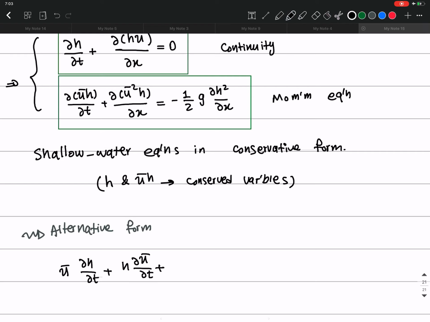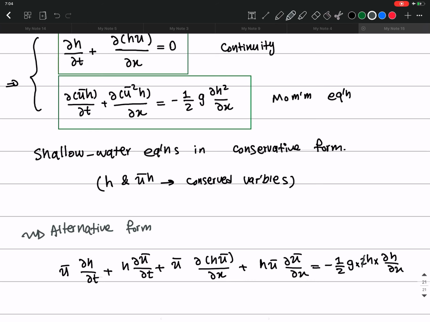And then I expand the second term: u bar partial h u bar over partial x plus h u bar partial u bar over partial x. Equals, and then I take the derivative of that, so it's going to be minus 1/2 g times 2h times partial h over partial x. Okay, so these 2's are canceling out.